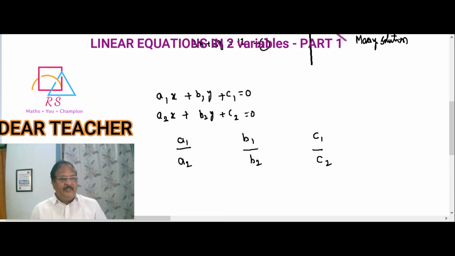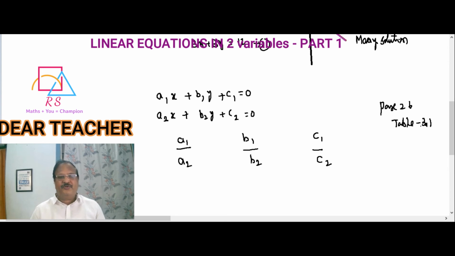Okay. So now if you observe these ratios, you can check page number 26. There is a table, table 3.1.